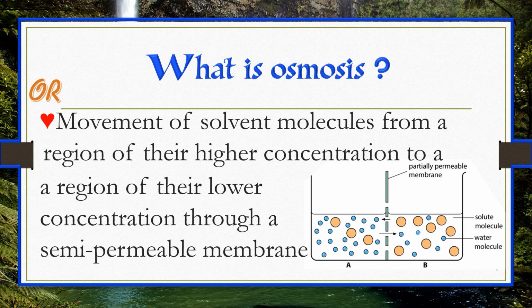Therefore, water, which is our solvent, is going to move from side or region A to region B through a semi-permeable membrane. So we can say that osmosis is the movement of the solvent molecules from a region of their high concentration, that is side A, to a region of their lower concentration, that's side B, through a semi-permeable membrane.